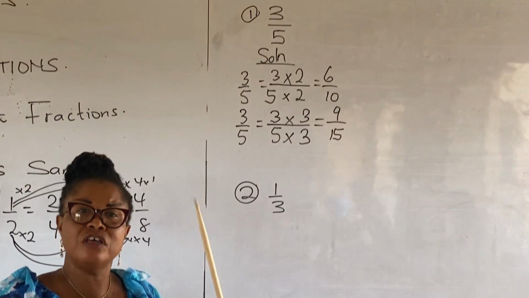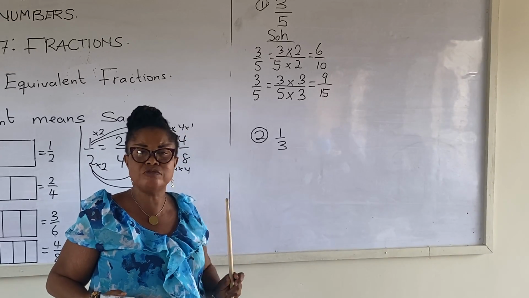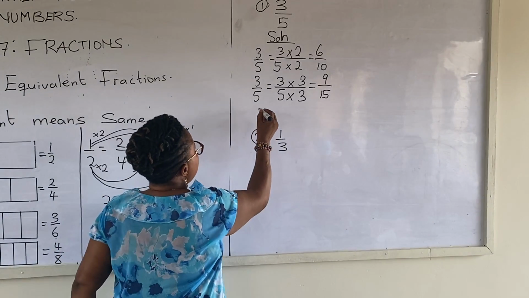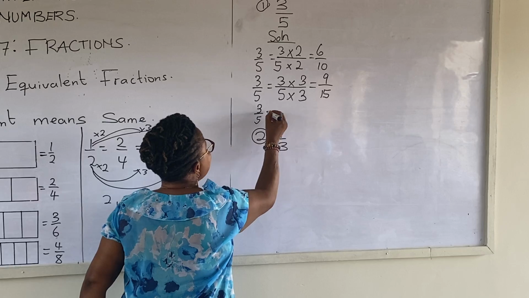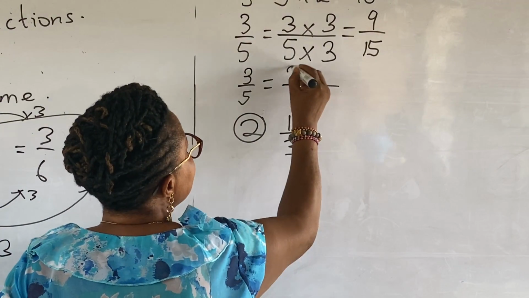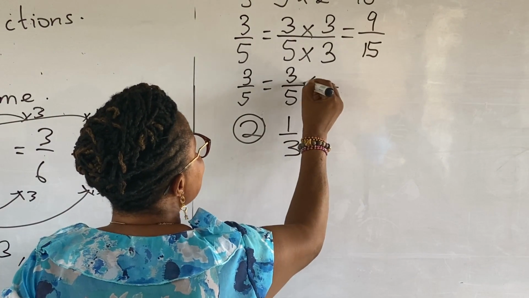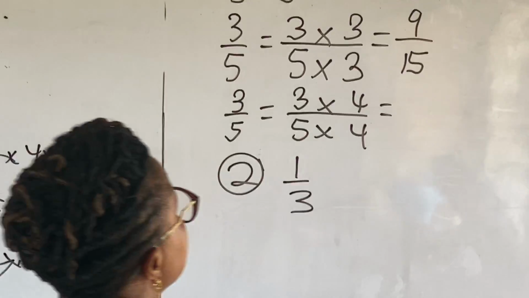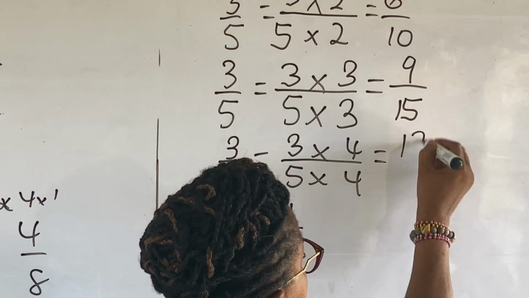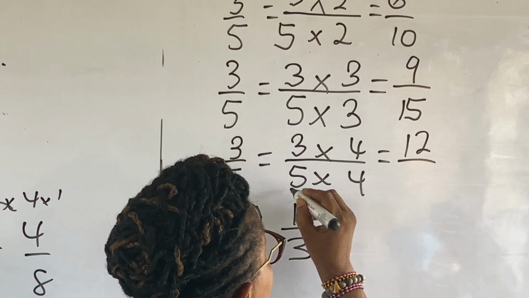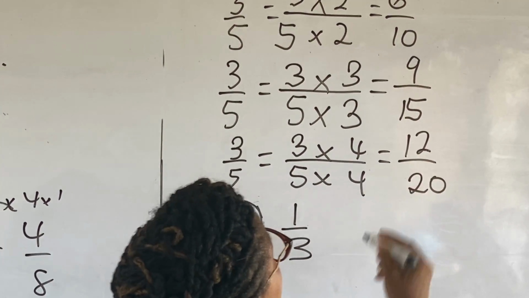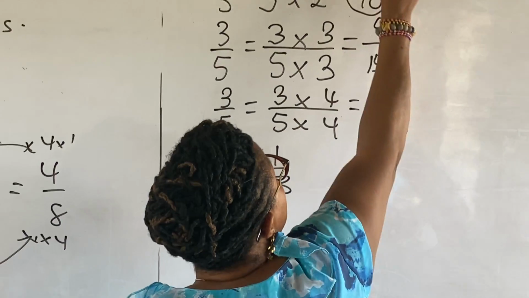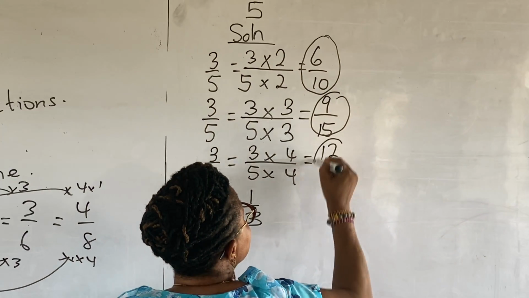We are looking for 3 equal fractions, so we are left with the third one. So write your number 3 over 5. Bring your bar. 3 over 5 times 4 over 4. 3 times 4 is 12 over 5 times 4 is 20. So now we have 3 fractions here.